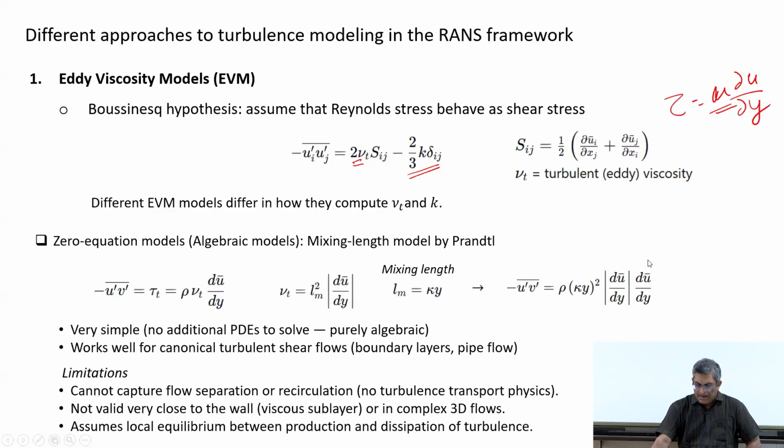And this is how you model the stress term. Obviously, this approach is very simple, as we do not have any further equations to solve. This is a simple closure, and it works well for canonical turbulent shear flows, for example, boundary layers or pipe flows. However, there are limitations too.